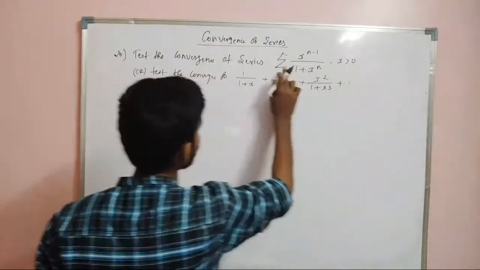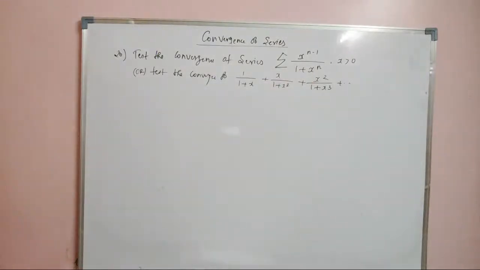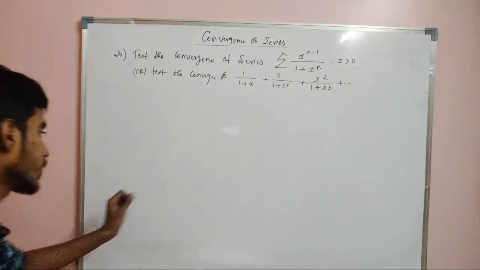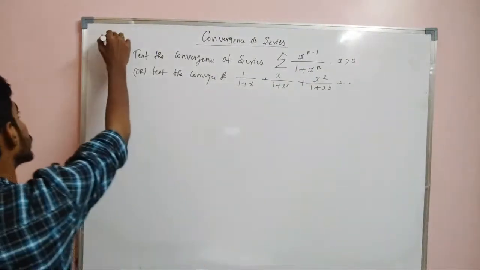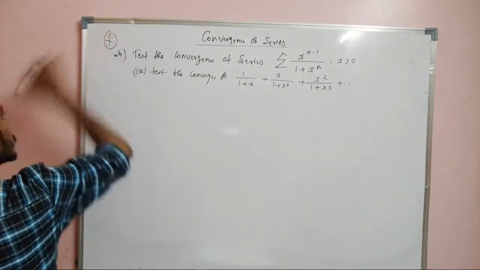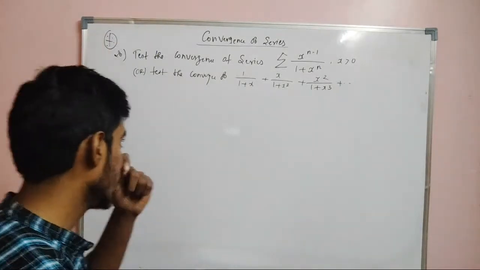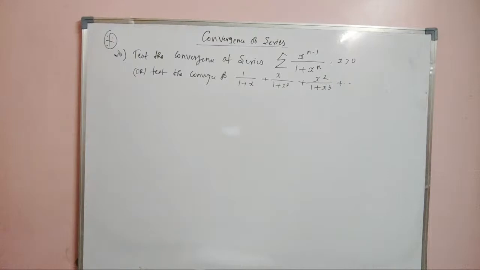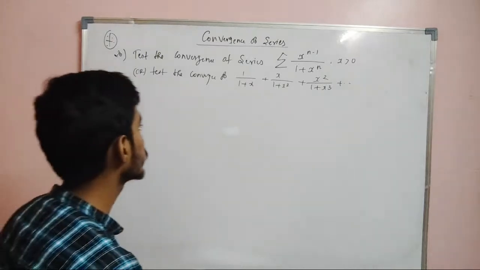I'm just substituting n to be equal to 1, 2, 3, etc. That's it. So test the convergence is a very important problem. That's the convergence of the series summation x power n minus 1 divided by 1 plus x power n.